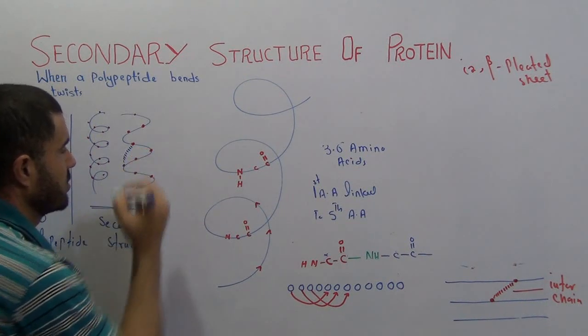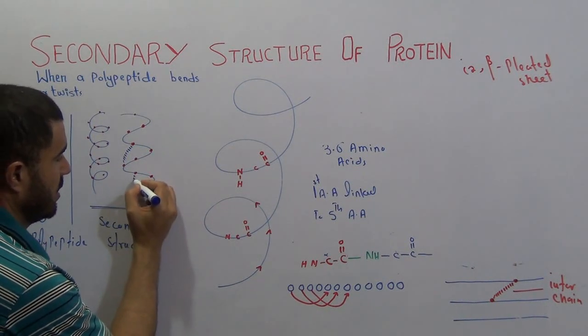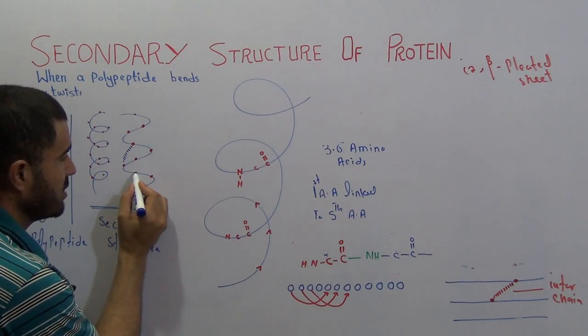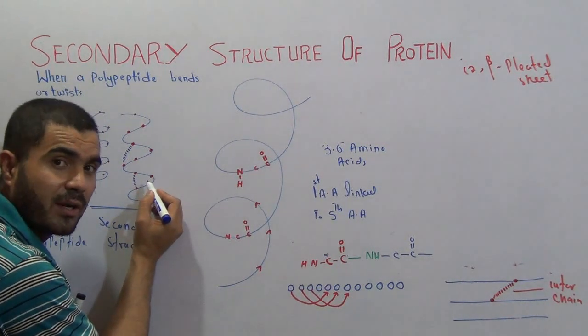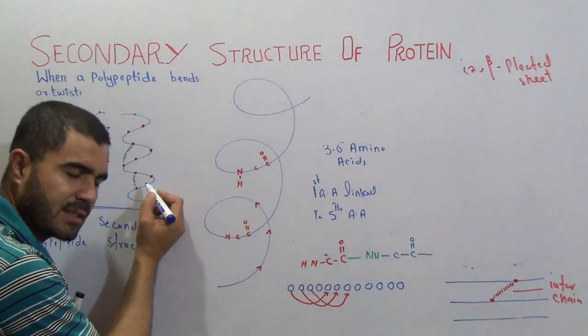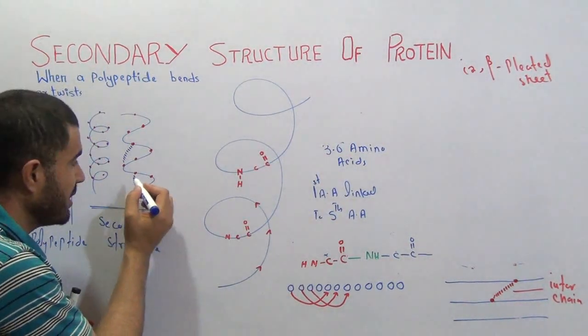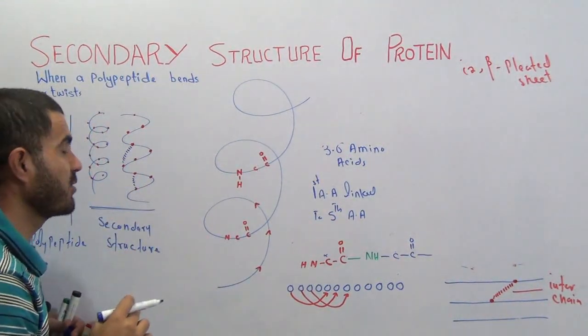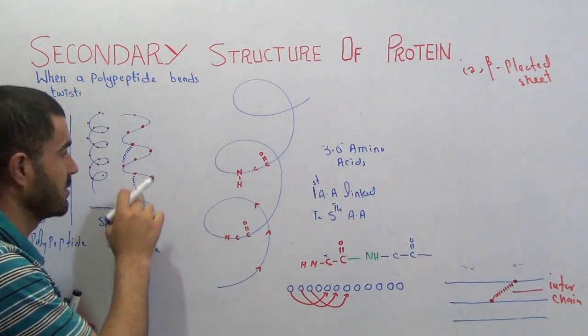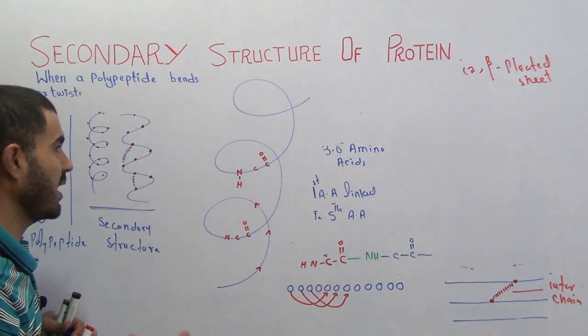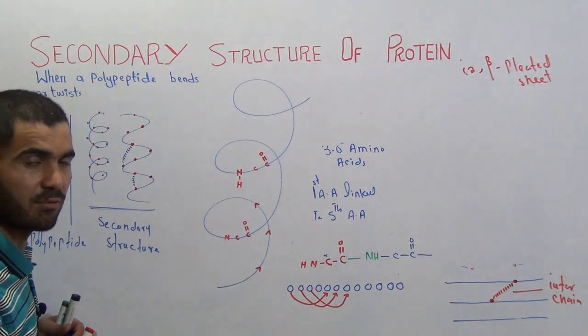So here is a hydrogen bond. Here is a hydrogen bond. One amino acid is linked with another amino acid by the help of peptide bond. Okay, we already discussed it. But there is another bond, a second bond comes, that is hydrogen bond between one amino acid and another amino acid. And we say a stabilized structure has been formed.